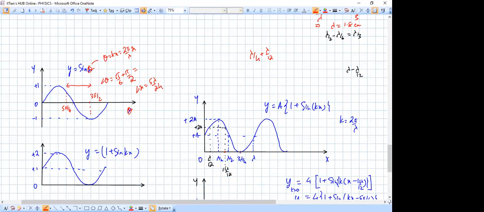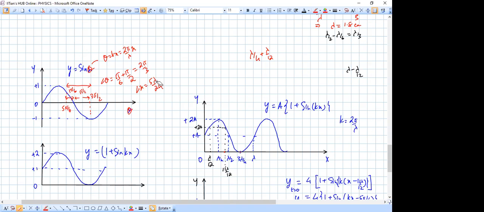This is pi by 6. Okay. And this is pi by 2. So this is becoming how much? 2 pi by 3, sorry.